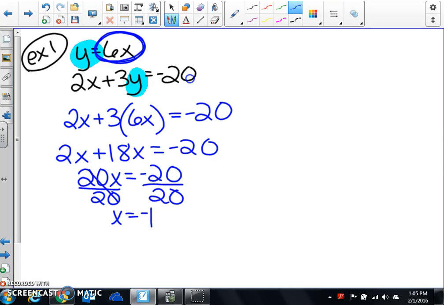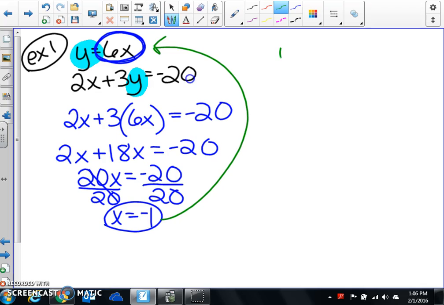X equals negative 1. Now remember, solutions to systems of inequalities are ordered pairs. So that's just my value for x. So now I take the value for x and I can plug into either equation. I personally would go for the easier equation, which is up here. So y equals 6x. I just rewrote it.